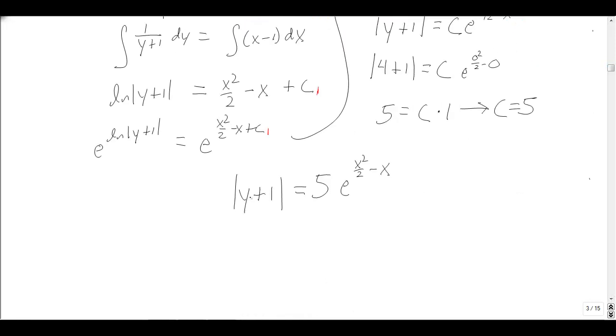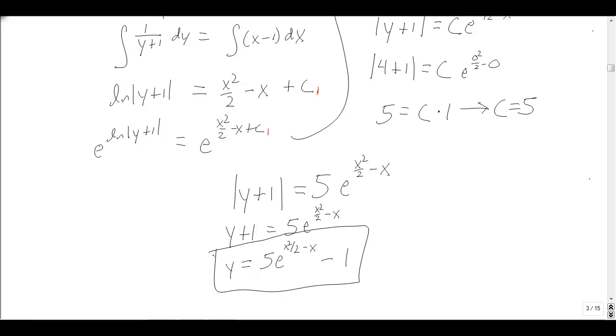So I'm going to assume that y will always be positive here. So essentially, I get y plus 1 equals 5 times e to the x squared over 2 minus x. And then I can subtract the 1. So I get y equals 5 e to the x squared over 2 minus x minus 1. So there's our solution to our differential equation.